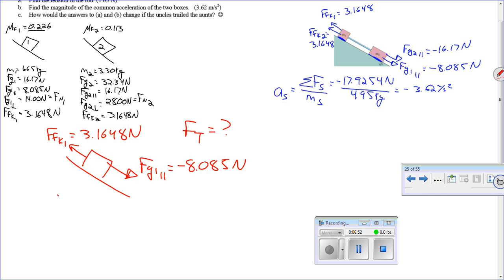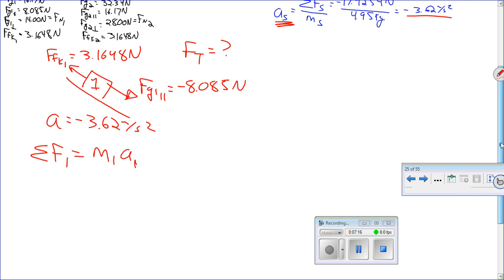I know that the acceleration of my block is negative 3.62 meters per second squared, which means that I can find the net force. Now remember, this is all block 1. So the net force on block 1 is going to be equal to the mass of block 1 times the acceleration of block 1. Now I do know that both of my blocks have the same acceleration, right? Because they're all tied together. So my whole system has that acceleration, right? So here we go.